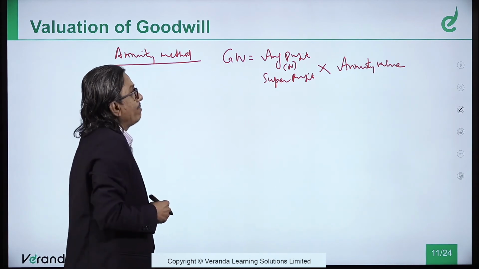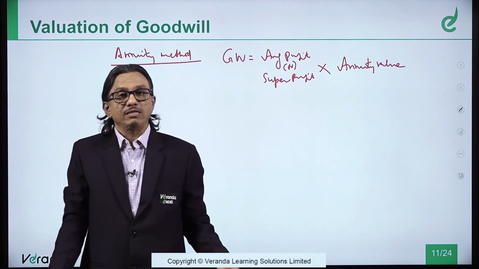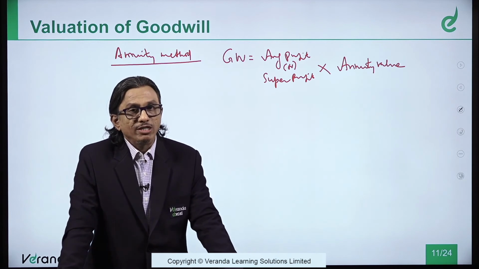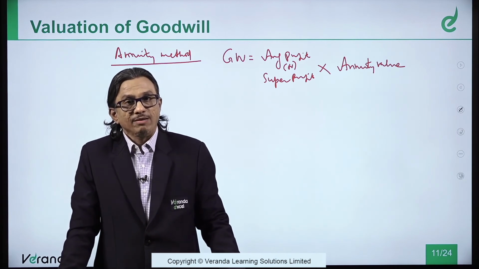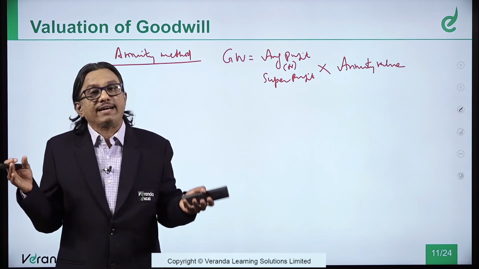See, in all the three methods which we learned so far, we do not consider the time value of money. If the average profit is 2 lakh now, I simply multiply by 3 and say in the next 3 years I will make a profit of 6 lakh.